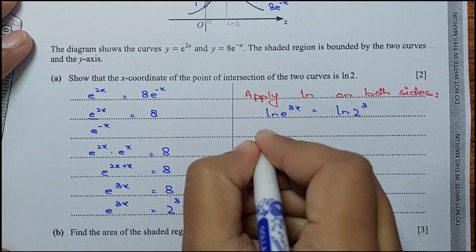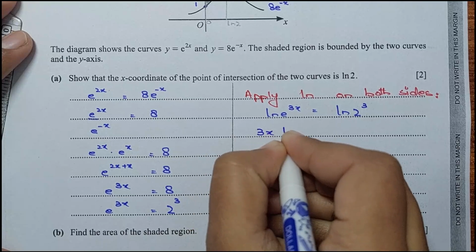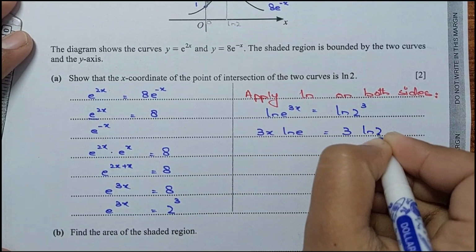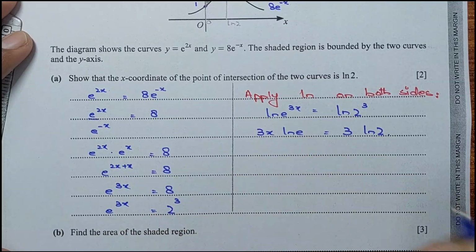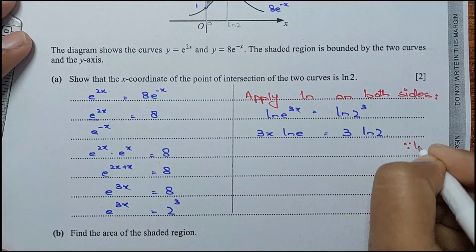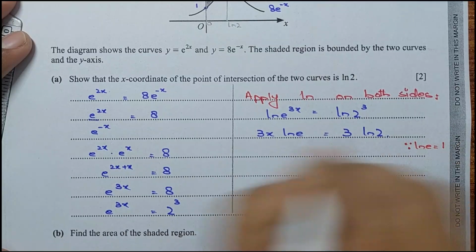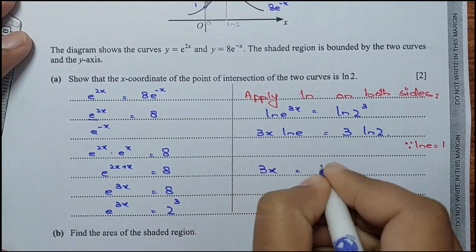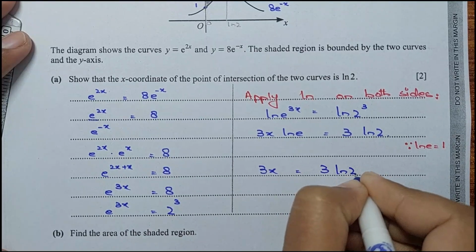Apply this property. So 3x ln e equals 3 ln 2. ln of e is always equal to 1. This is a standard result. Use this: 3x equals 3 ln 2.